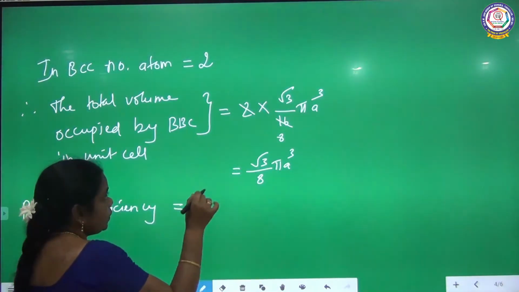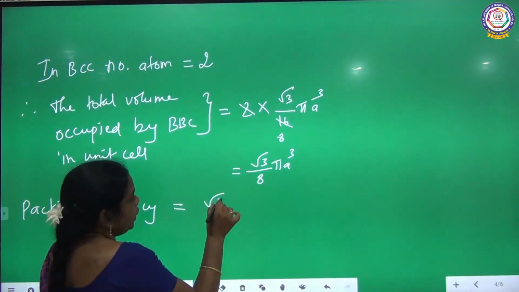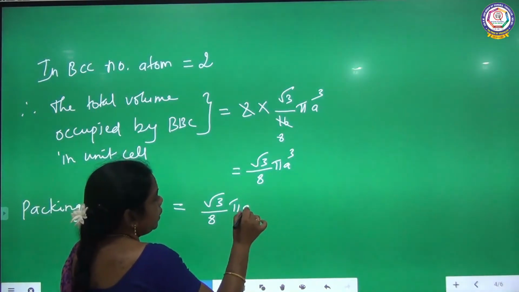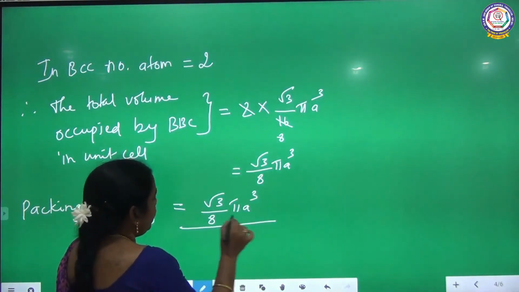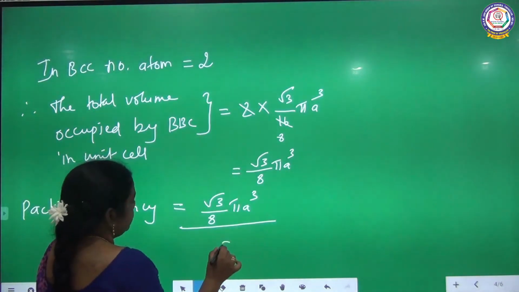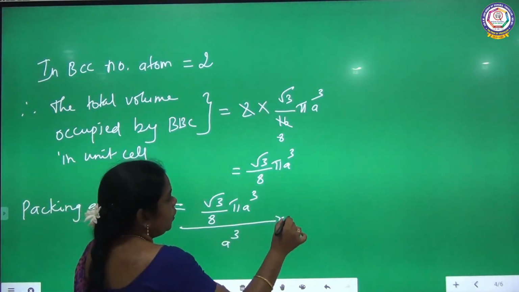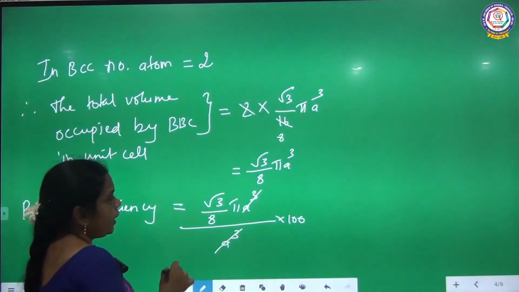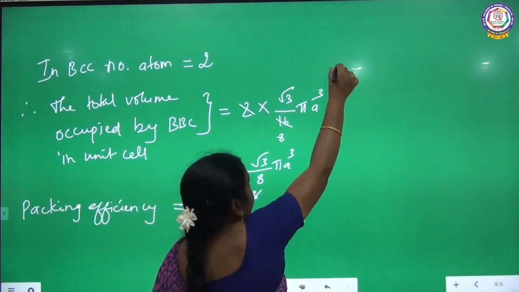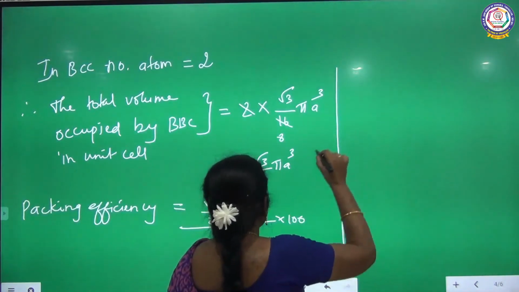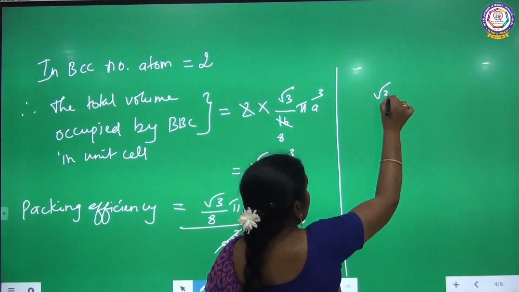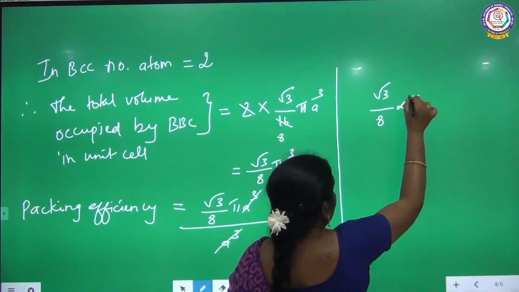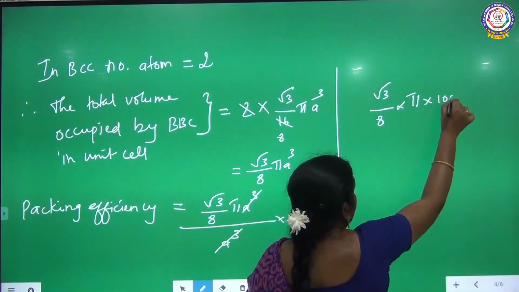So you substitute this value, root 3 by 8 pi a cube by a cube, into 100. So a cube gets cancelled. We are going to get root 3 by 8 into pi into 100.